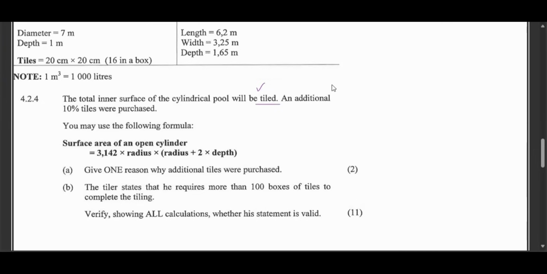Why do we say more? Additional number of tiles. We need to bring in more. So they're asking you a question here. Okay, they've given you a formula that you will follow. Give one reason why additional tiles were purchased. This one I usually relate to people who organize parties. You understand?